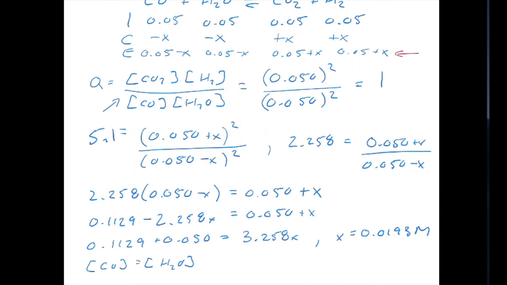So that equals 0.031 molar. And the concentration of CO2 equals the concentration of H2, which equals 0.05 plus 0.0193. So that ends up being 0.0693. And that's a molar concentration.